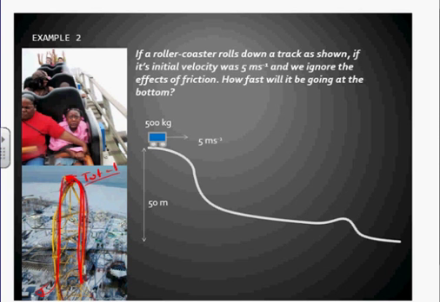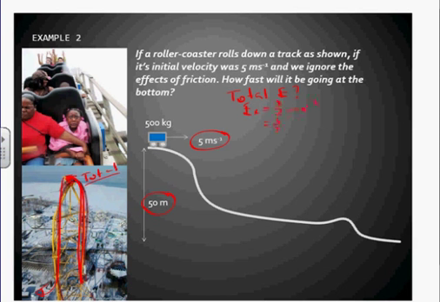So here we've got a roller coaster. There are 2 steps to answering this. We need to find the total energy. At the start it's got kinetic energy because of the speed, and it's also got gravitational potential energy. So EK is equal to half mv squared.